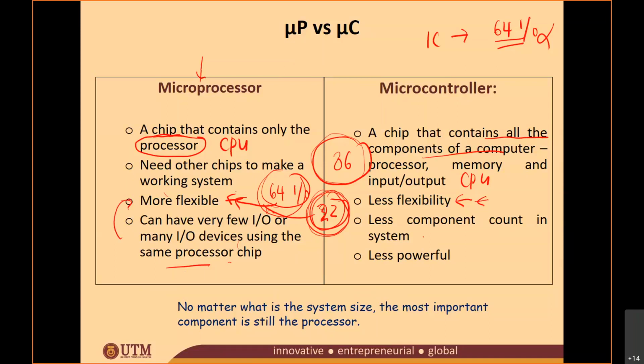It will have a lower component count, and it is less powerful compared to a microprocessor. So that is the difference between microprocessor and microcontroller.